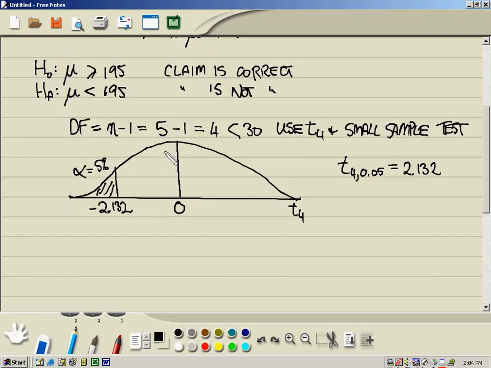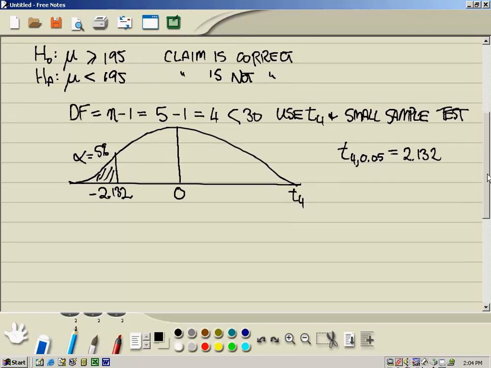Decision rule will go as follows. If we get a calculated t-value above negative 2.132, it's possible the claim is correct. If we get a calculated t-value less than negative 2.132, it is likely the claim is not correct. So let's now write down that decision rule.